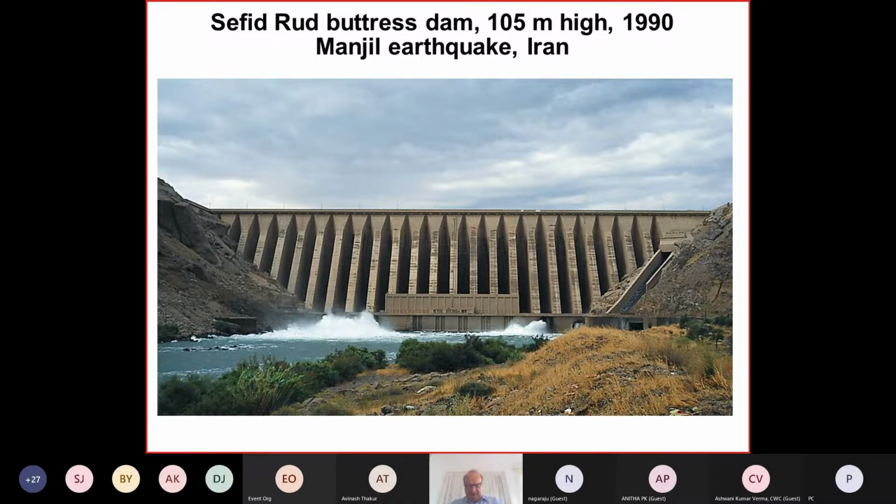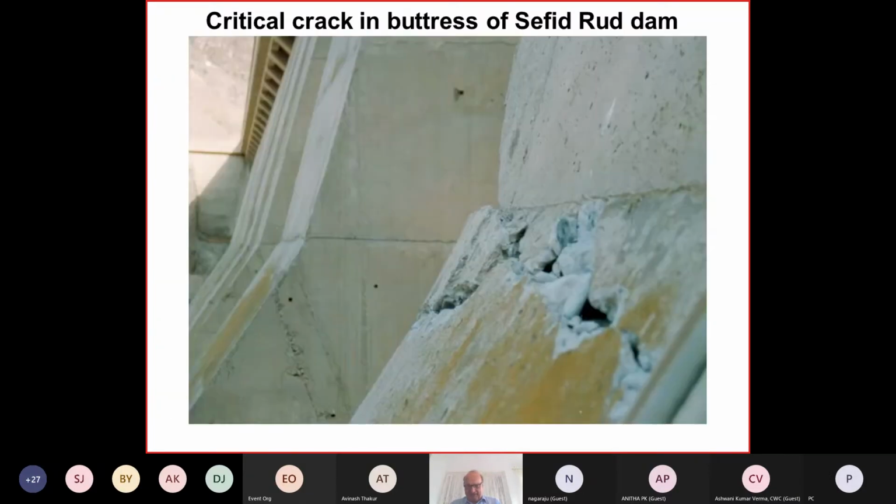So the rice comes from this area. We see here the bottom outlets, or low-level outlets, in operation just after the earthquake. It shows that to lower the reservoir, to have such devices is actually very useful.